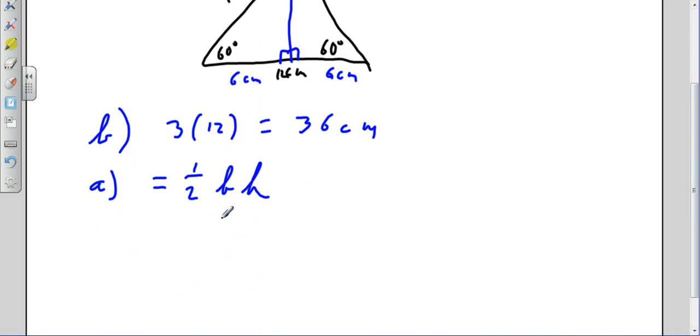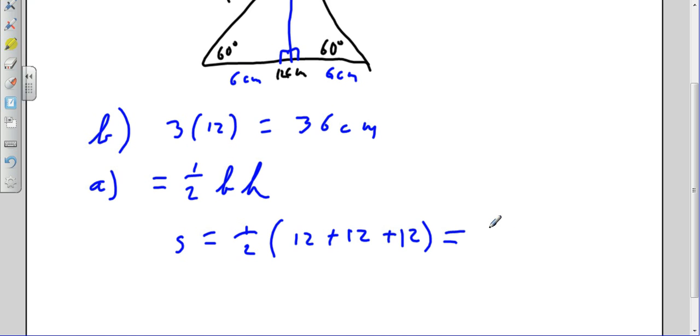So what I'm going to do to find the area of the triangle is say I have an S, which is going to be 1/2 of 12 plus 12 plus 12. Half of 36 is 18, right? 18.